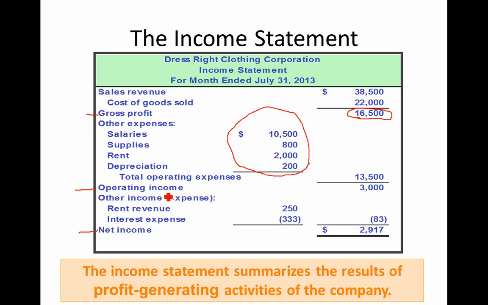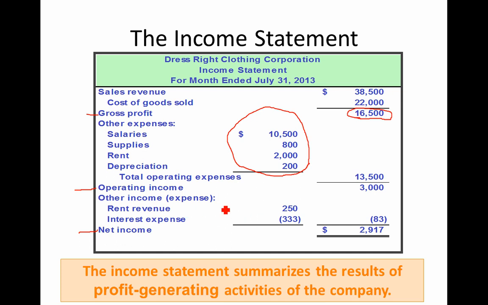From operating income, we subtract out other income and expenses that are outside of our normal day-to-day business. These would include things like interest revenue, interest expense, other forms of income such as rent revenue or investment revenue.